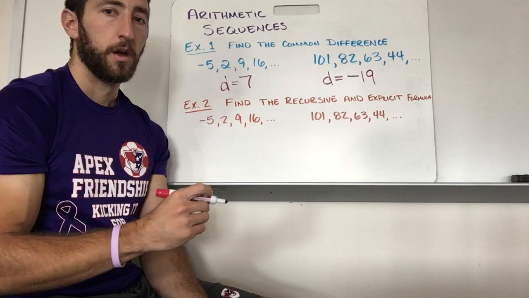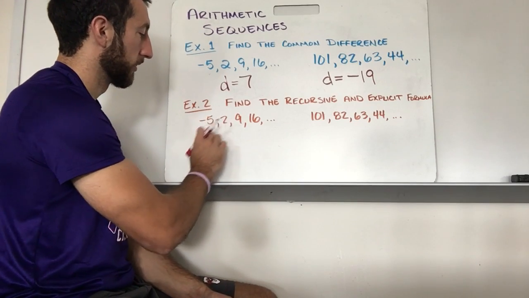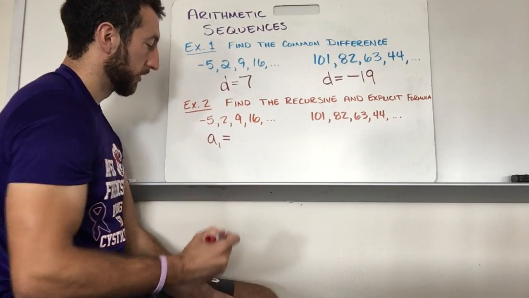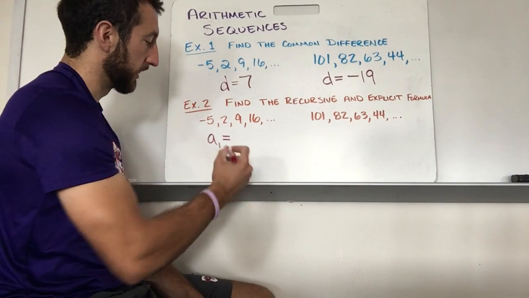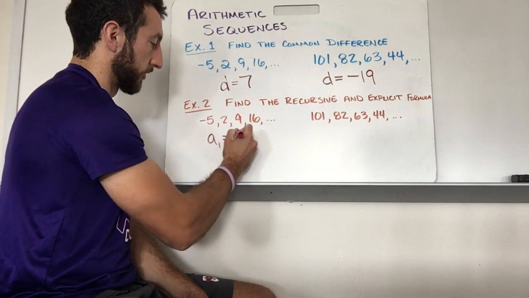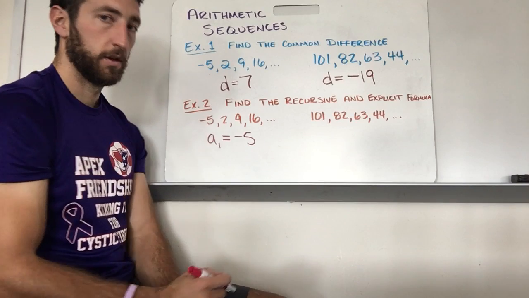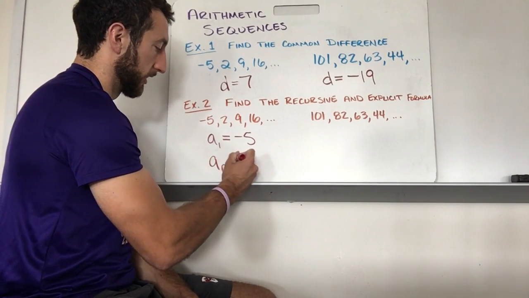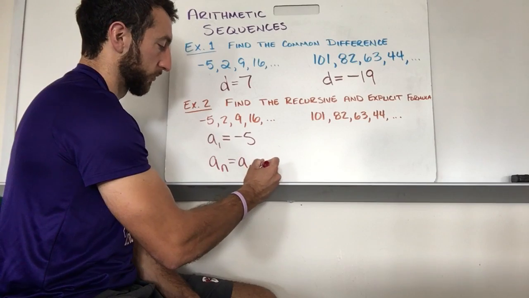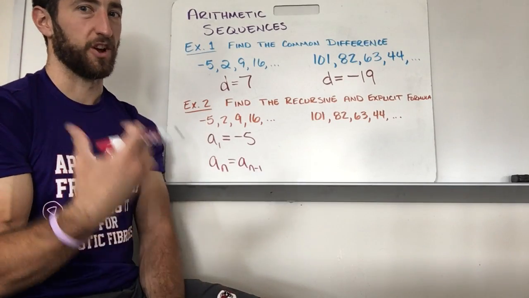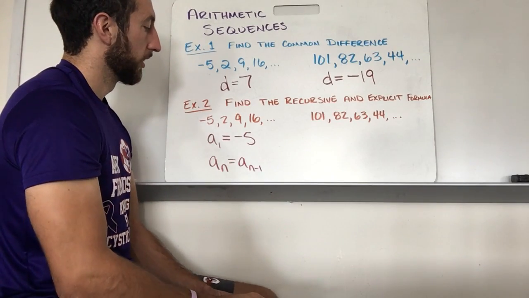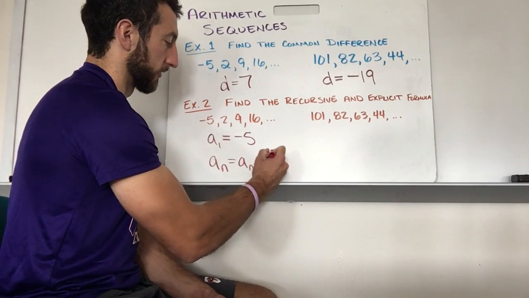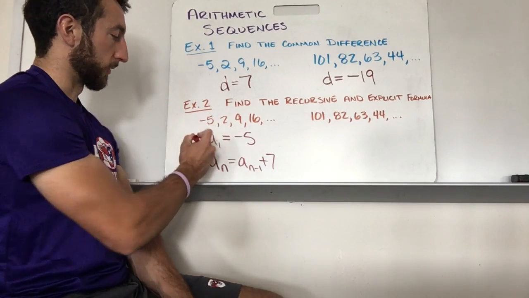Here we're adding 7. I always want to start with my a sub 1, which in this case is the first term, negative 5. Then we write a sub n equals a sub n minus 1, that previous term, which is always in your recursive formula, plus 7, the common difference.